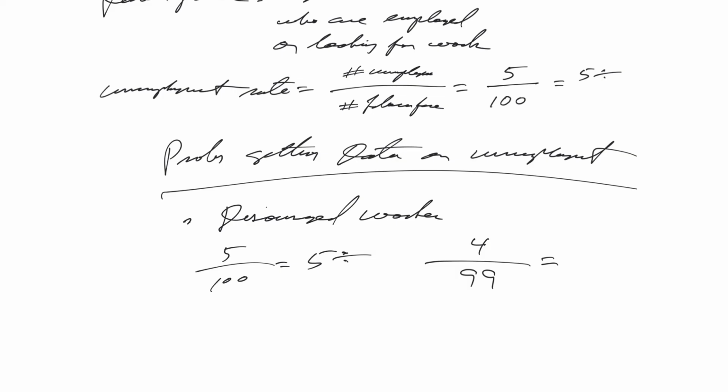Well, you've got the numerator and the denominator going down by the same amount. And when that happens, the whole number falls. So you divide those and you see that's now 4.04%. So the unemployment rate falls. This is going to be the reported unemployment rate, 4.04%.